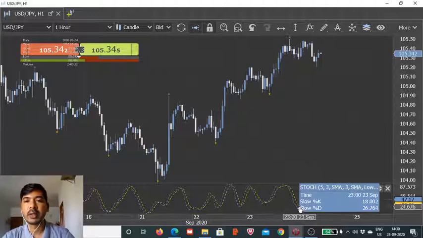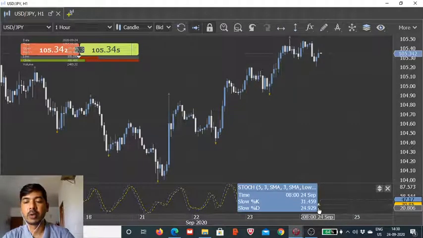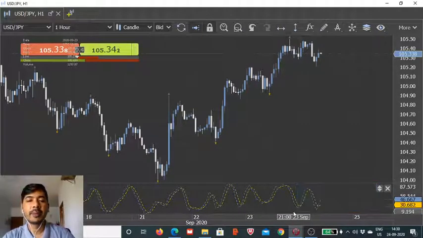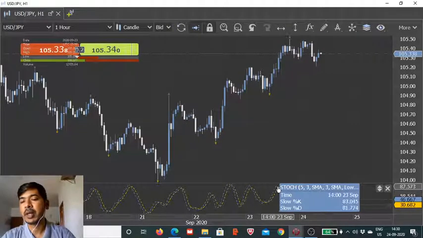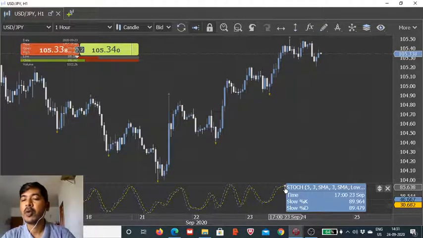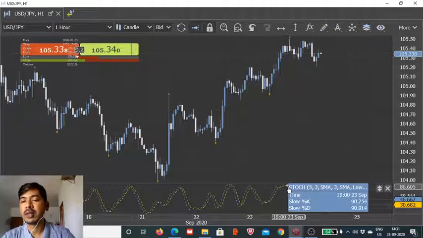So you can use this indicator as per your requirement. As per the widespread use, once the price action has been in the overbought territory and we see a crossover happening, the slow K period crossing below the slow D period is considered a bearish signal, and this is the time to go for a fresh short sell trade.